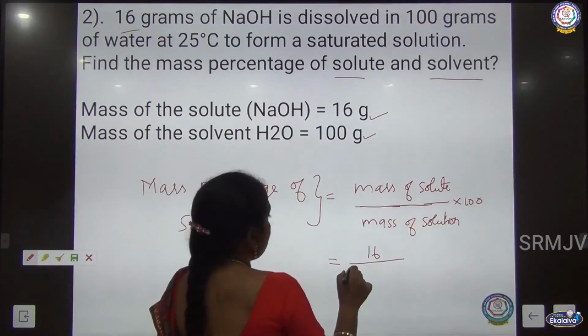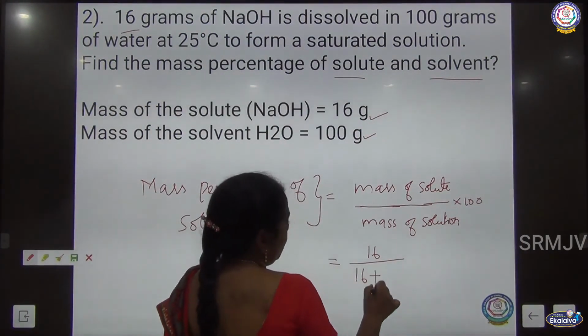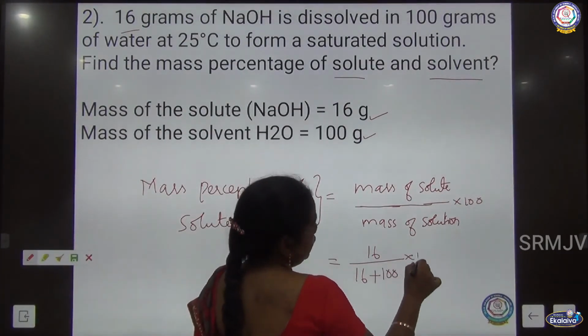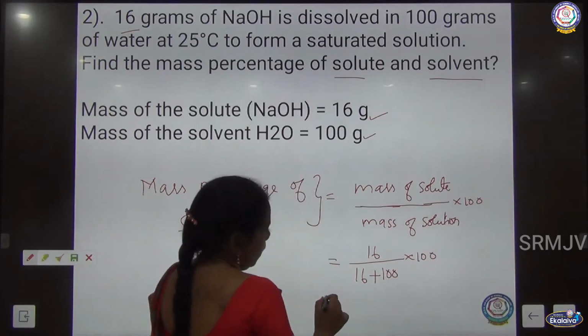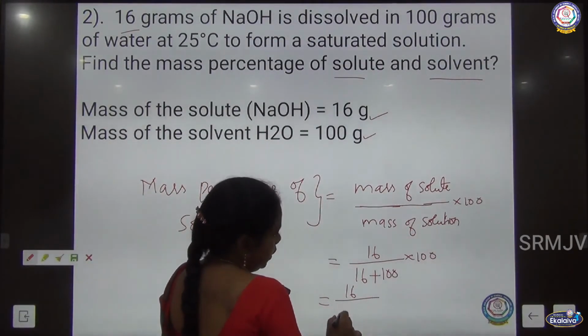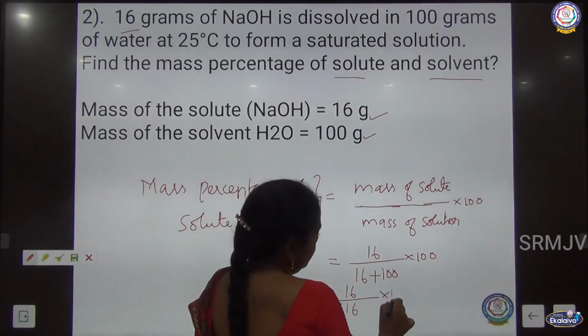So what is mass of solute? Mass of solute is 16 gram plus mass of solvent 100 into 100. 16 divided by 116 into 100.